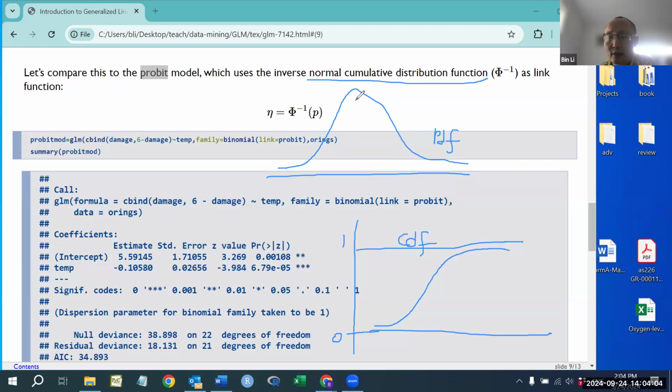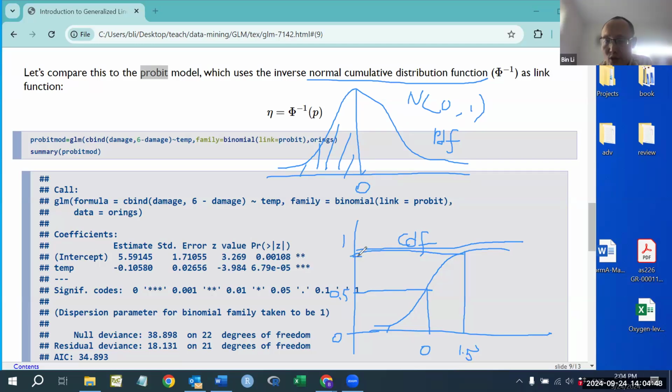Let's say this is a standard normal distribution, the mean is 0 and the variance is 1. At 0, we have 0.5, the area on the left side of 0. Let's say this is 1.5.